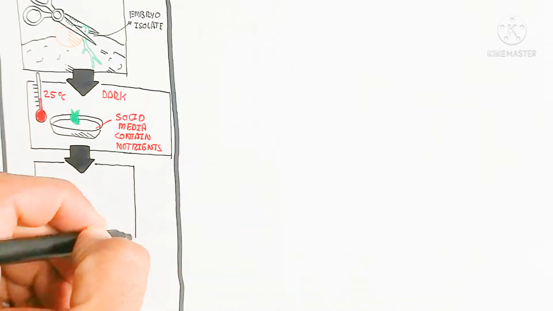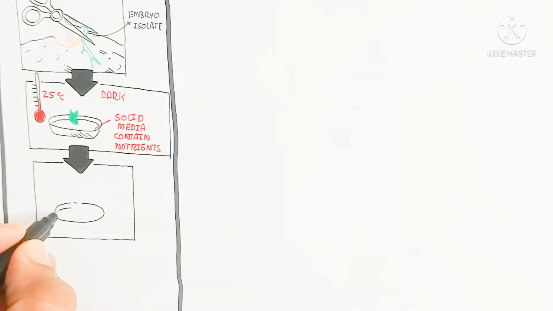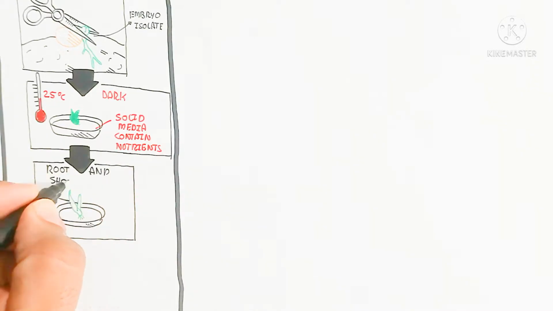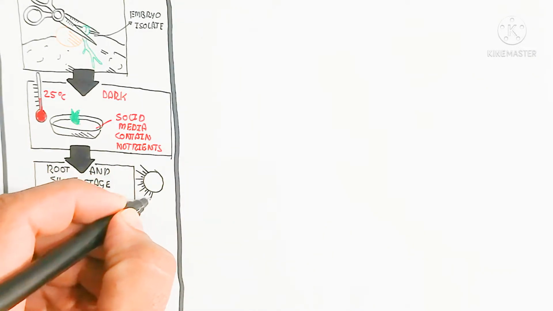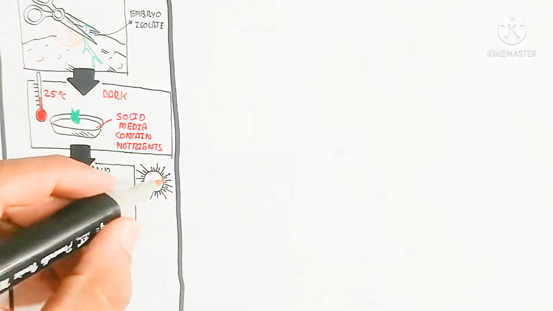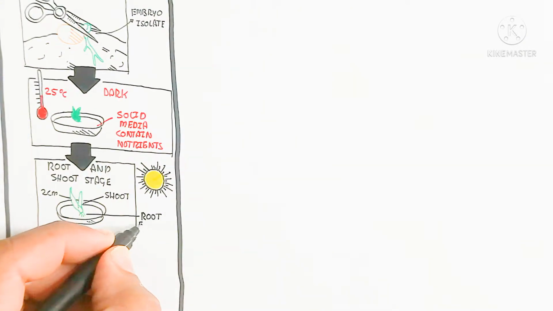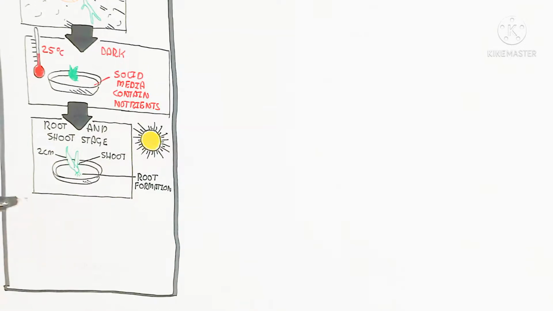The next step we will discuss is the root and shoot stage. The root and shoot stage is when a 2 centimeter plant grows. So the shoot and root formation will occur. In this stage, we will provide light for more growth.